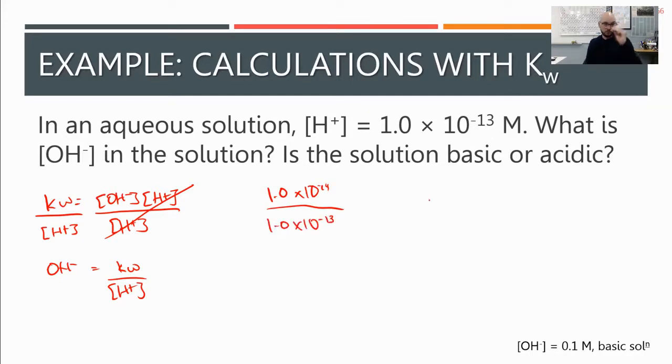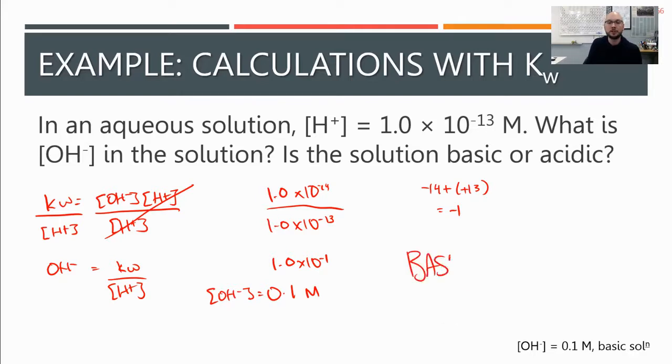Remember, when we are dividing exponents, it's really subtracting. So we get negative 14 subtract negative 13. These two negatives really change to a positive, so this becomes negative 1. So we get 1.0 times 10 to the negative 1, which is the same as 0.1 molarity. Okay, so the concentration of OH minus is equal to 0.1 molarity. This is much, much, much higher than 1.0 times 10 to the negative 7. So we have a very basic solution.